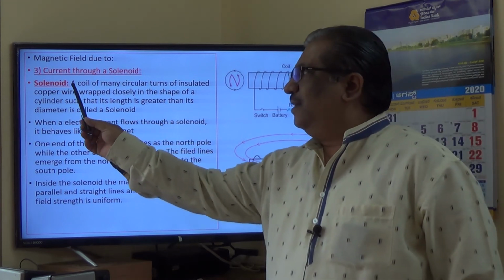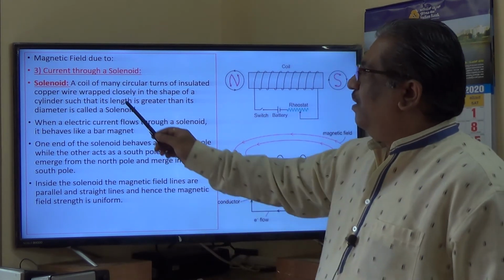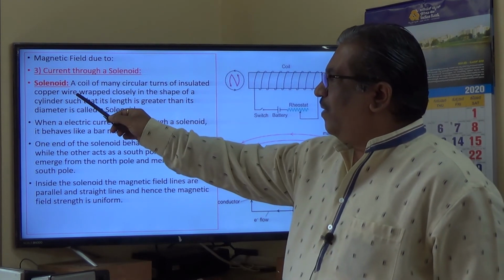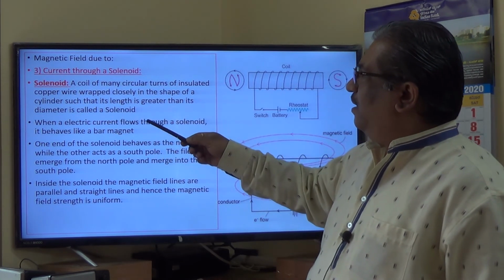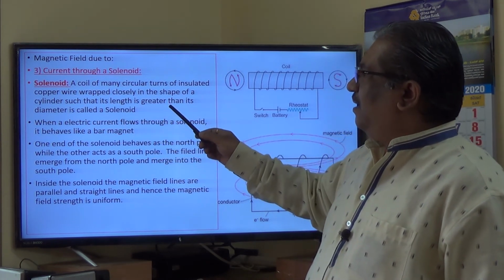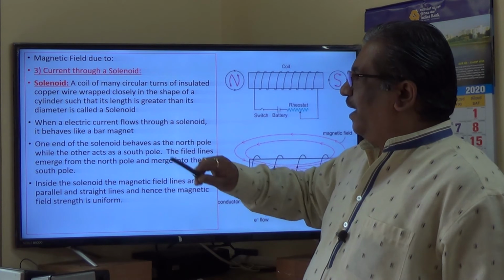Let us study the definition of the solenoid here. A coil of many circular turns of insulated copper wire wrapped closely in the shape of a cylinder such that its length is greater than its diameter is called a solenoid.